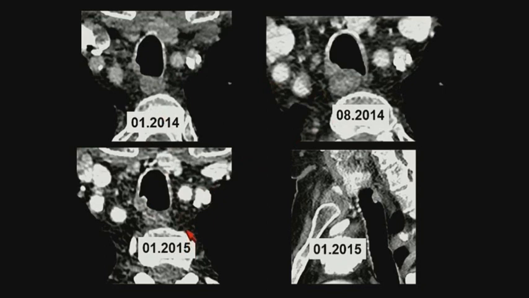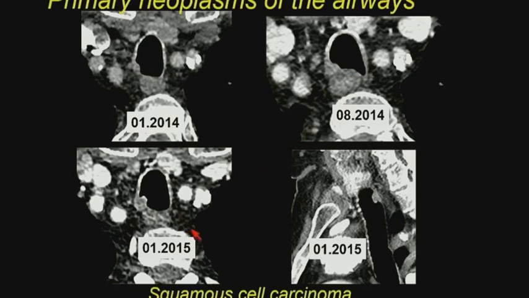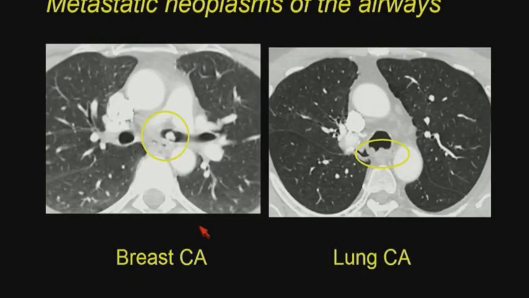And when talking to the patient, he did provide us a history of maybe hemoptysis. He didn't pay attention, it was a little bit, but then the diagnosis of this case showed squamous cell carcinoma. So when we have a history of hemoptysis, we have to scrutinize airways, because sometimes even very small tumors can be a cause of hemoptysis.